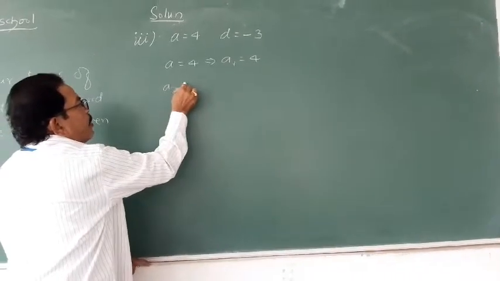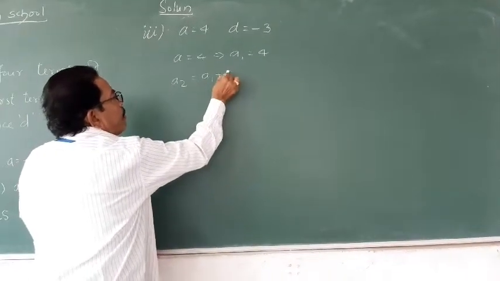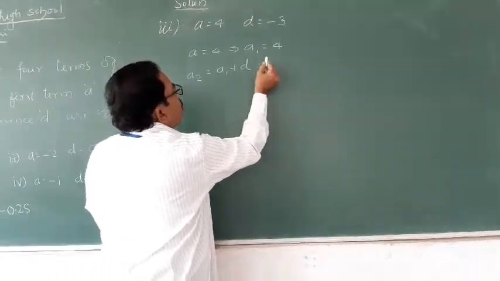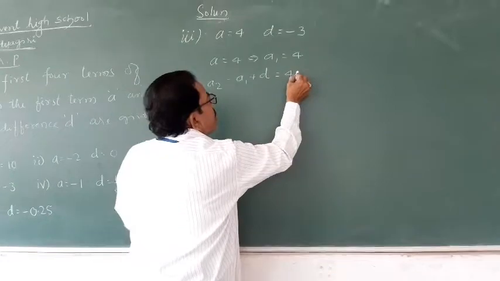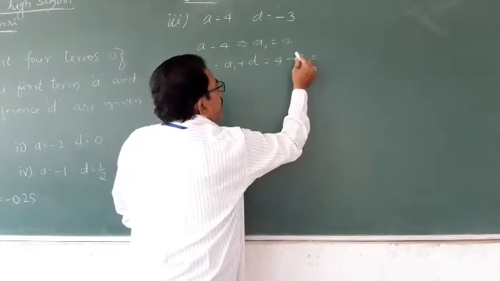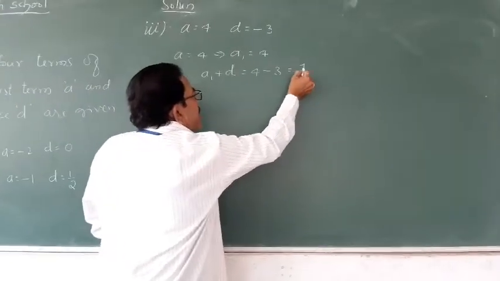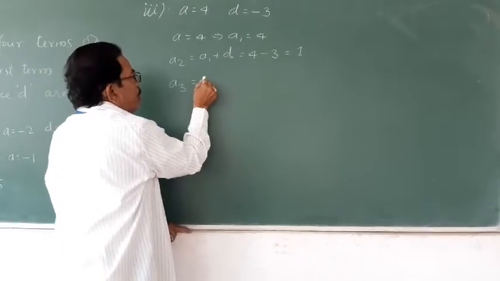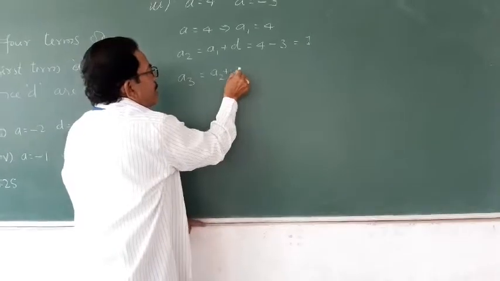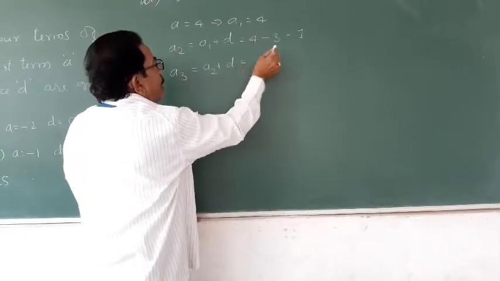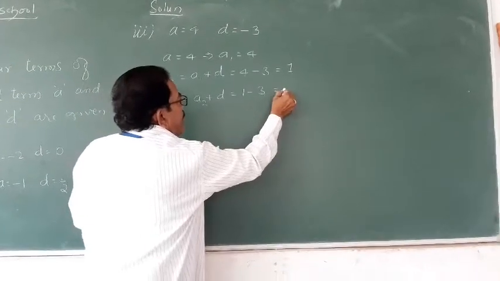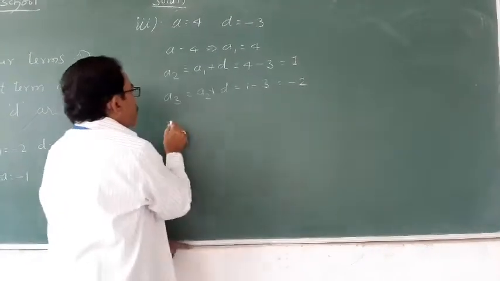Then A2 equals A1 plus D, that is 4 plus (minus 3), that is equal to 1. Then A3 equals A2 plus D, A2 is 1 minus 3, that is equal to minus 2.